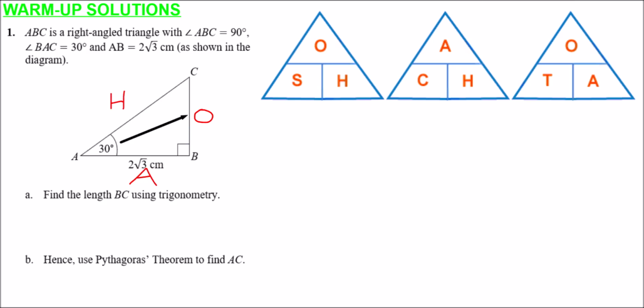Next, I'm going to think about what I know and also what I want to know. What I know already is AB, which is 2√3, which is the adjacent side. So I'm going to highlight A for adjacent in each of these triangles. Next, I'm going to highlight what I want to know. I want to find the length BC, which is this side here, which is the opposite side.